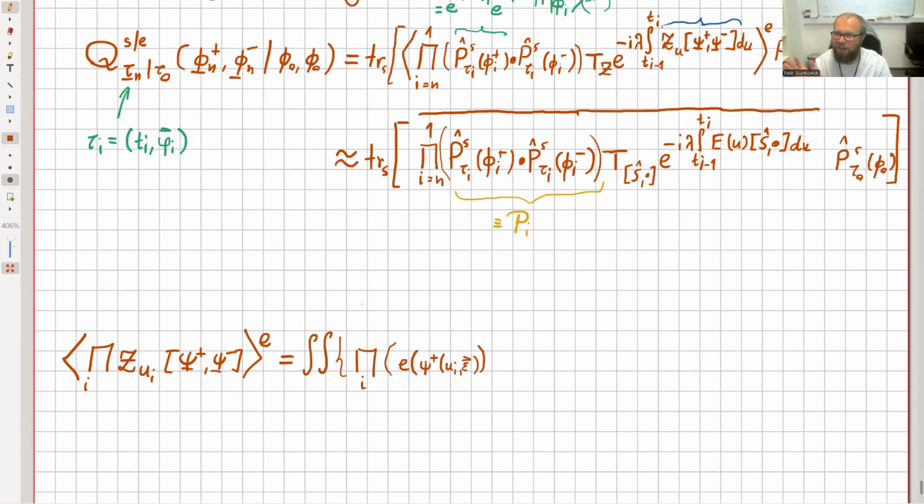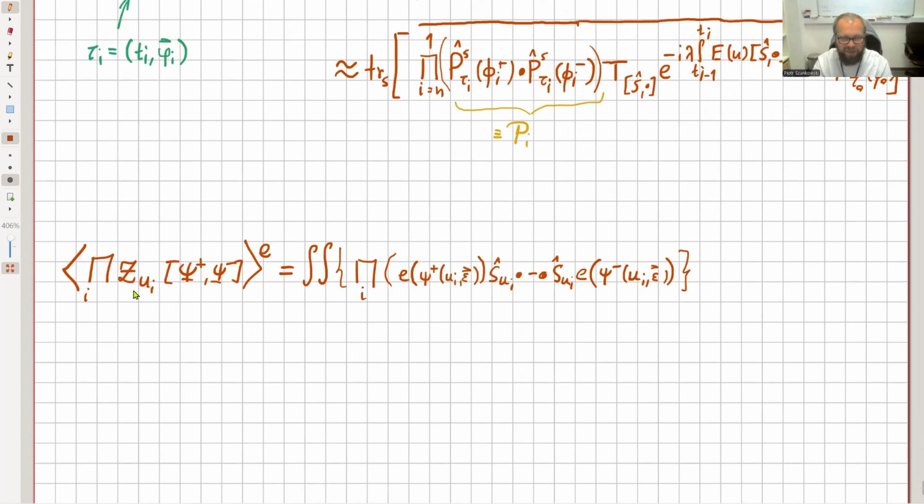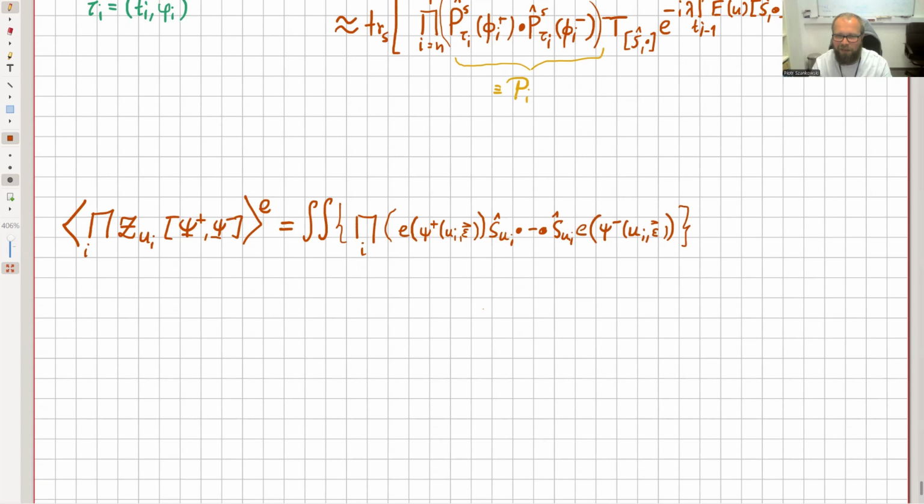One coordinate, because there's only one coupling operator here. We have S_{u_i} minus S_i, eigenvalue psi minus u_i, epsilon. Okay, so these are the dynamical variables, and now the averaging over the trajectory distribution for the environment.